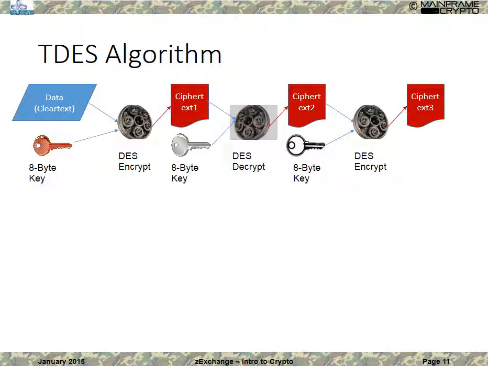But instead of using that ciphertext as your output, you repeat the process. This time you perform a DES decrypt operation and you use a different 8-byte key in this intermediate operation. That creates yet some more ciphertext, but instead of using that as your output, you apply the DES encryption algorithm once again with a third 8-byte key to create different ciphertext. And that ciphertext is the output of your triple DES operation.